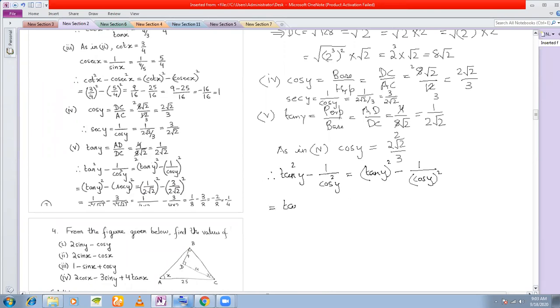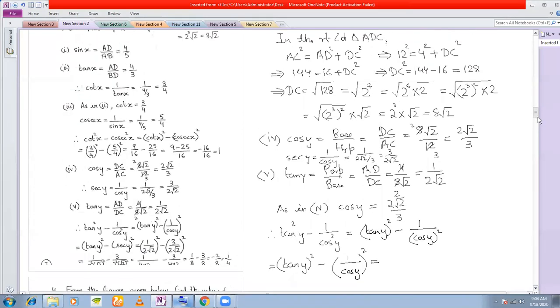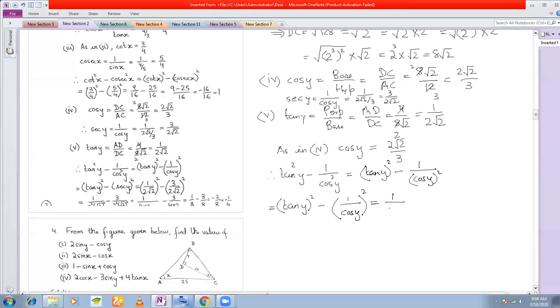So it is tan y whole square minus 1 by cos y whole square. Tan y we found to be 1 by 2 root 2 squared, and cos y we found to be 2 root 2 by 3 squared.